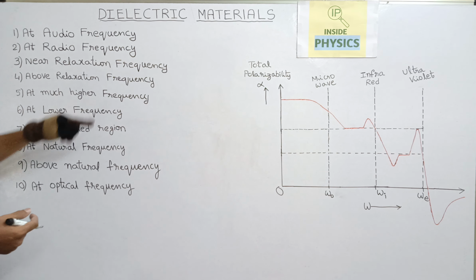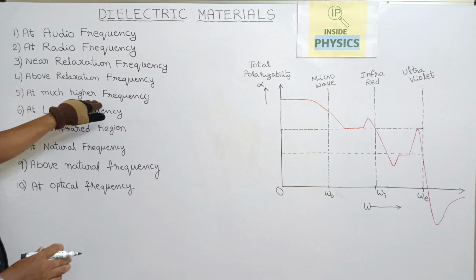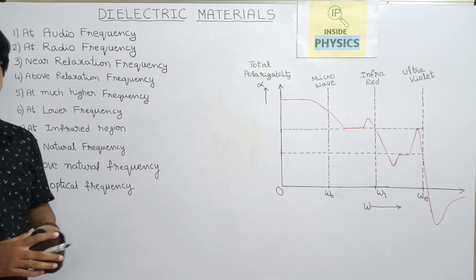At much higher frequencies, what happens? See, here there is a bell shaped profile with a maximum at the molecular dipole relaxation frequency and reaching zero on either side. At much higher frequencies, the orientation will not be 100%.